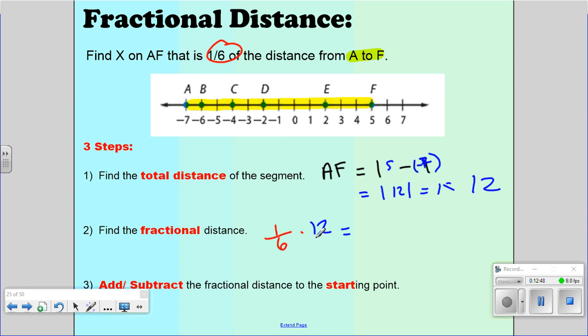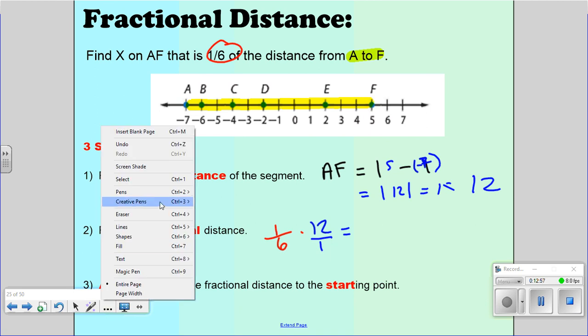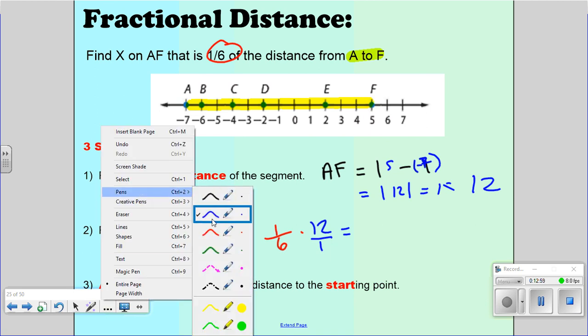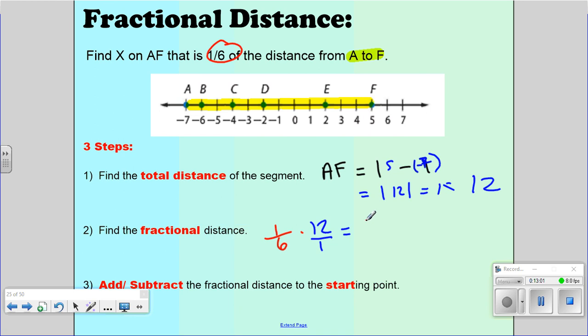To multiply fractions, again, you need to know how to do this without a calculator. Put this over 1 to make it a fraction, and then you multiply top with top, bottom with bottom. So that would give me a 12 over 6, which reduces to simply just 2. So my fractional distance is 2.